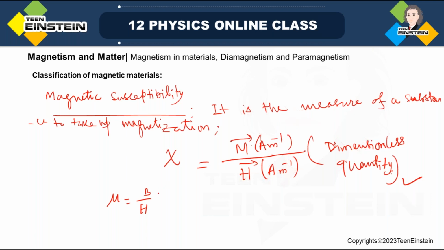So magnetic susceptibility and relative magnetic permeability both are dimensionless quantities. So we have learned what is magnetic susceptibility and what is magnetic permeability.